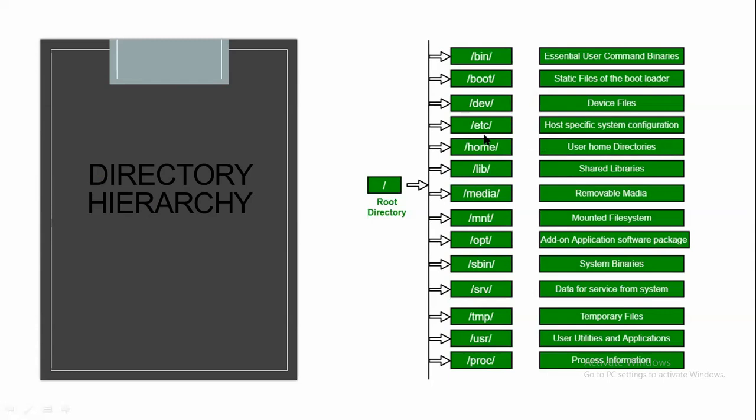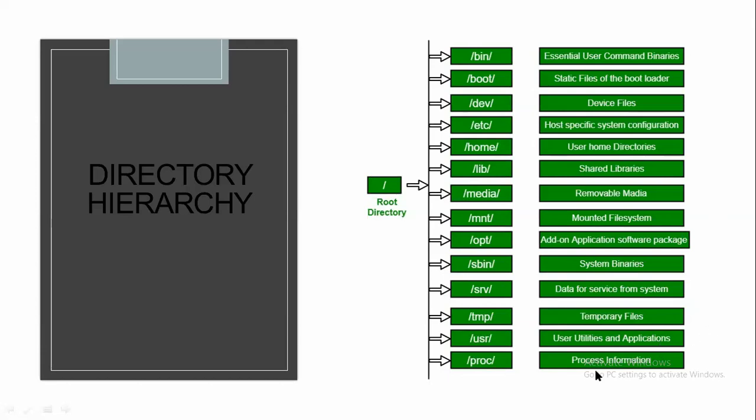Likewise, the etc directory has system configuration files. In the home directory, we have all the user accounts, right? Users' home directories. So even if you have a student directory, ITSP directories, or your own user account directory, it comes under the users' home directory. Likewise, we can find all of the other directories here and their contents.